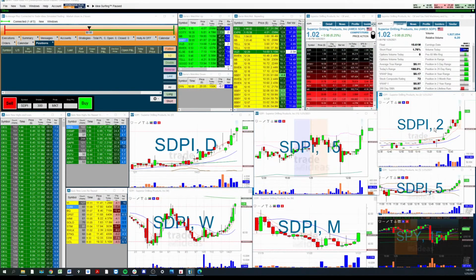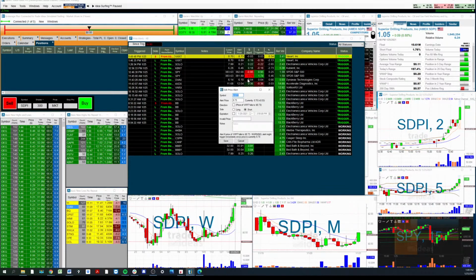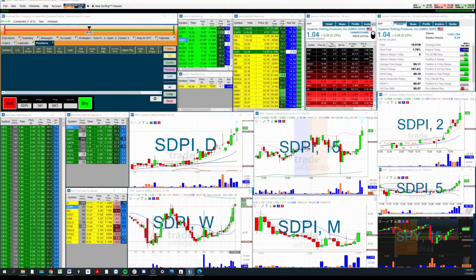All right, so for those of you who like the really cheap ones, the only issue, no, there's the 200. SDPI, so looking left, it is trying, like last week. There goes the VXRT, guys.